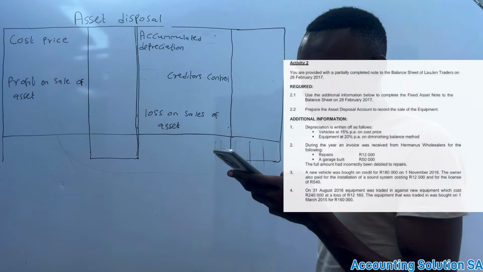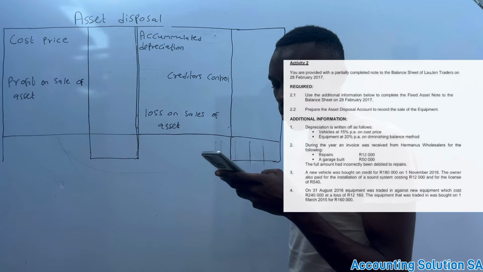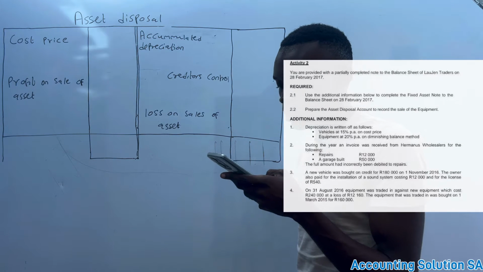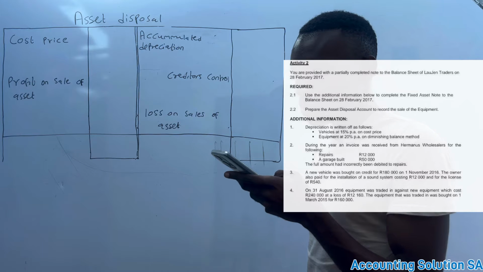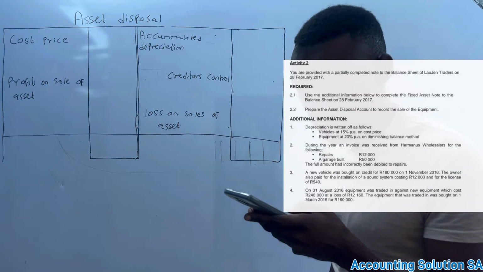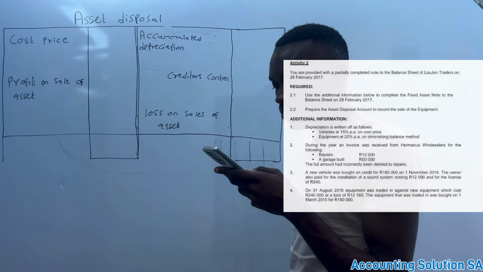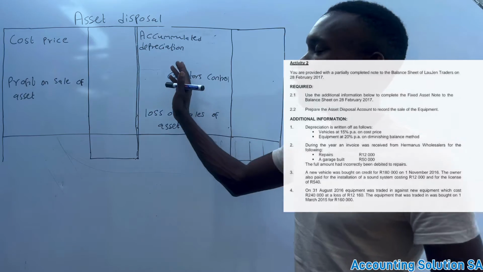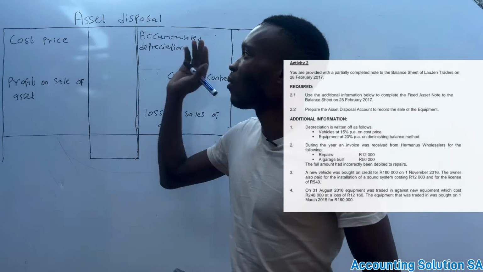Now on number 4, they said on 31 August 2016, equipment was traded in against new equipment, which cost 240,000, at a loss of 12,160. The equipment that was traded in was bought on 1 March 2015 for 160,000. So this is the format that we are using, guys, to prepare our assets disposal.